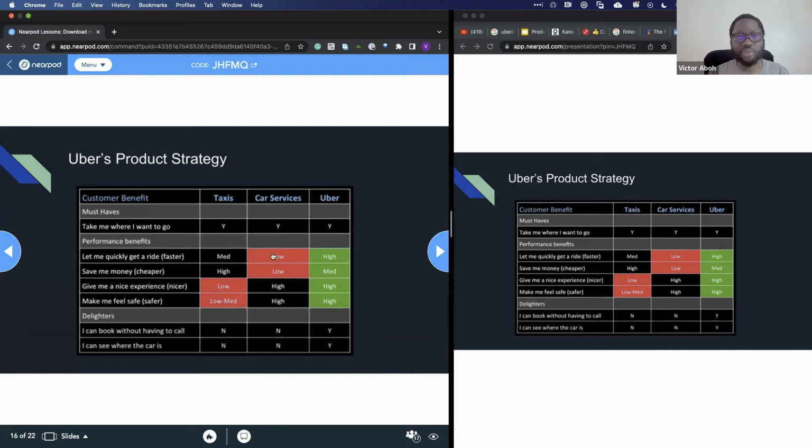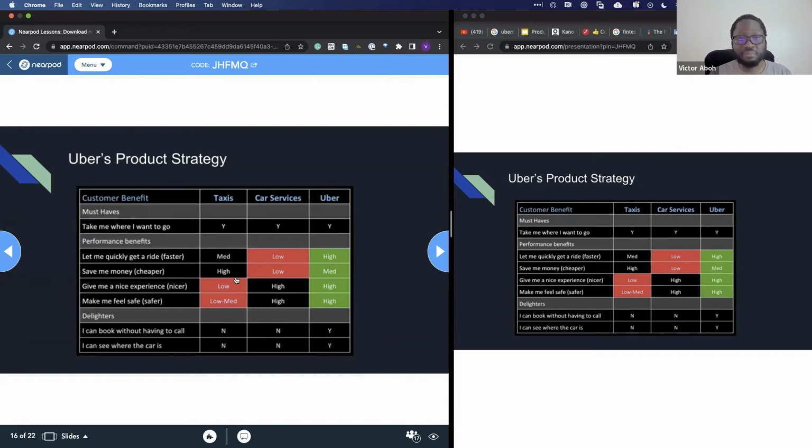So everybody is doing that. Now your performance benefits. Can we get a ride faster? Taxis are medium, especially in the US, New York, you come outside, you hail a cab. And car services, they're not really fast. And they are saying that we are going to be high here.